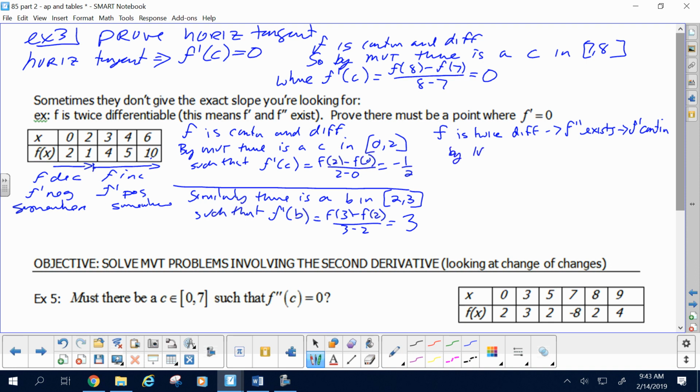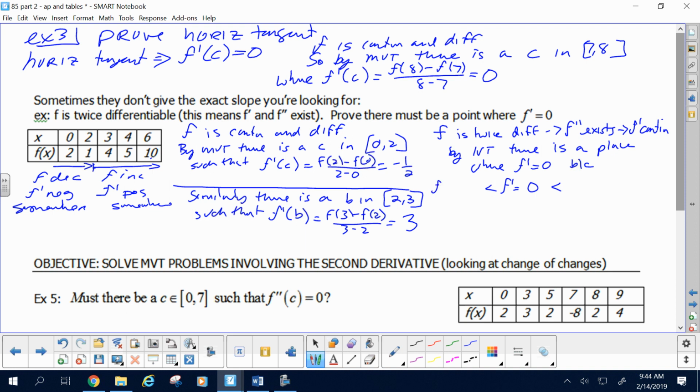By IVT, there is a place where f prime is 0 because, and what's the last part of IVT I need to say or demonstrate? IVT is all about the betweenness, right? Okay, so there is a place where f prime equals 0 between what and what?